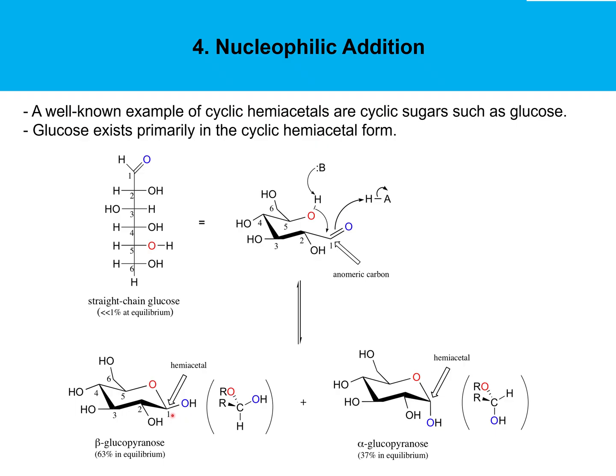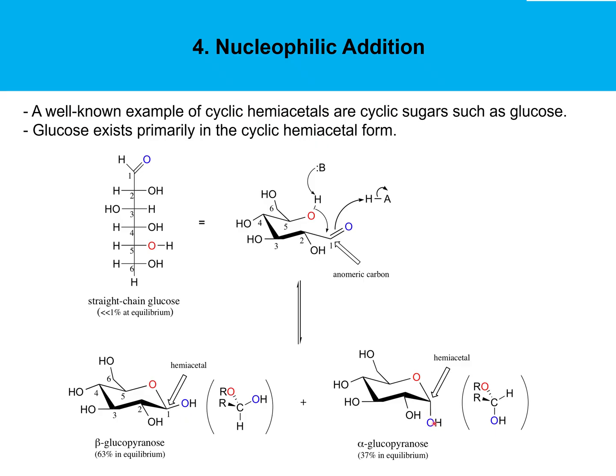We can have this OH that is a result of the carbonyl becoming protonated after attack of the oxygen on carbon 5. This OH can be equatorial, as shown here, or it could be axial, as shown here.